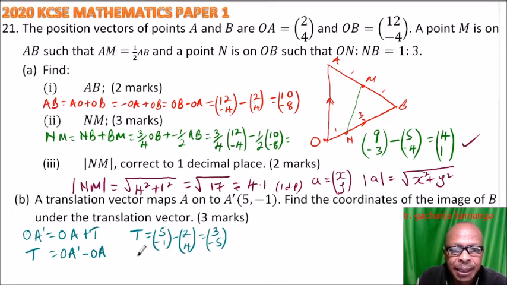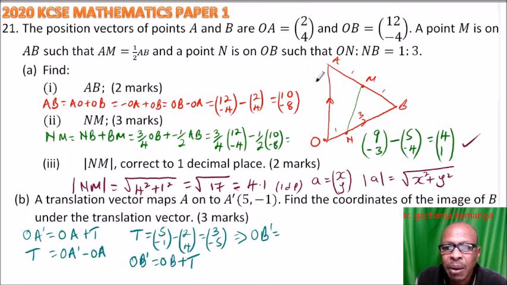This means that we will be able to get OB prime is equal to OB plus the translation vector, which is T. This implies that OB prime is equal to, our OB is 12 and minus 4, plus the translation vector we have found, which is 3 minus 5.